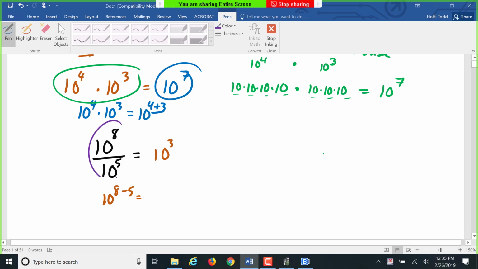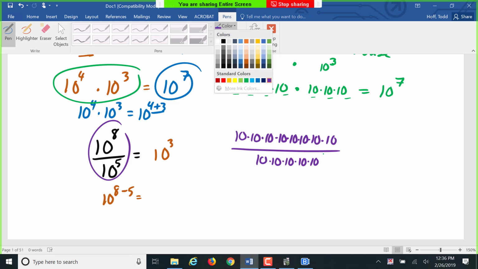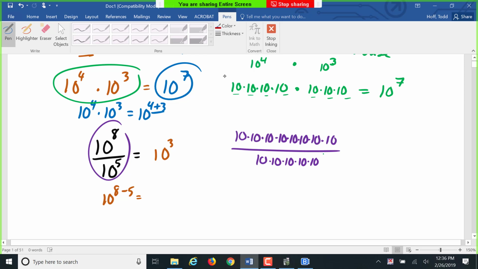Down here for the 10 to the 8th divided by 10 to the 5th. Starting to regret using the power of 8 right now. There we go. It's 8 tens multiplied together. 10 to the 5th is 5 tens multiplied together. And when we reduce a fraction, we can treat division as a fraction.